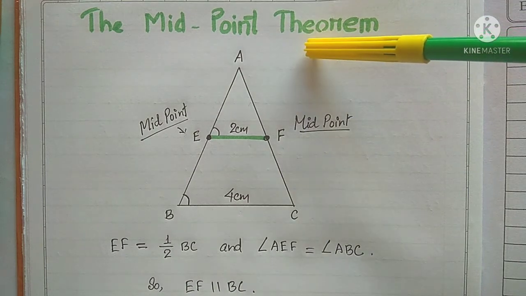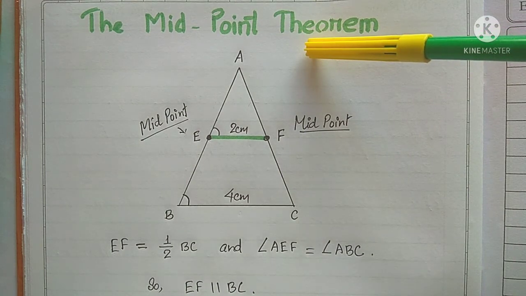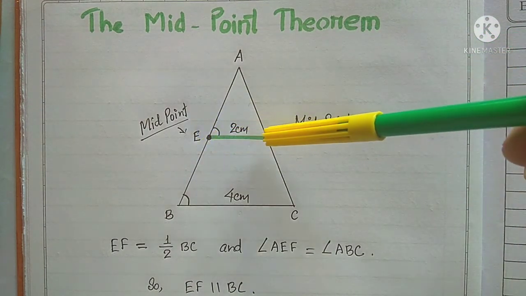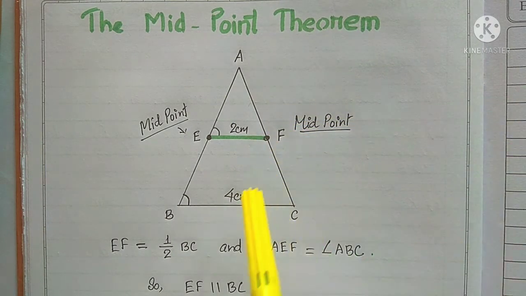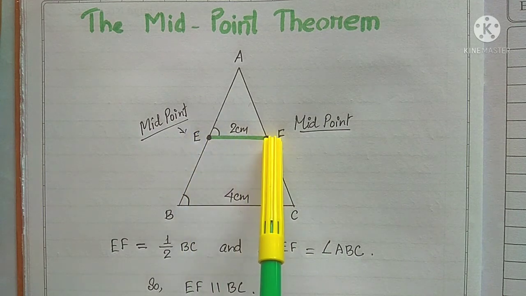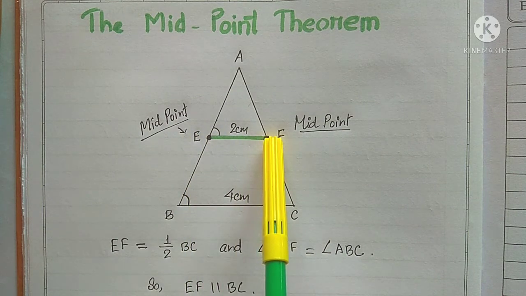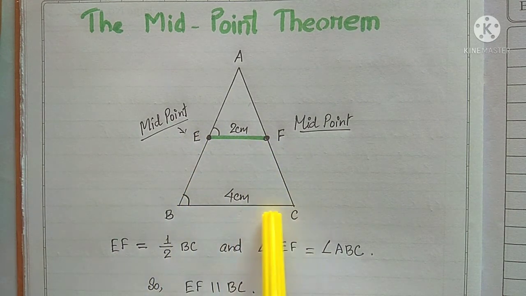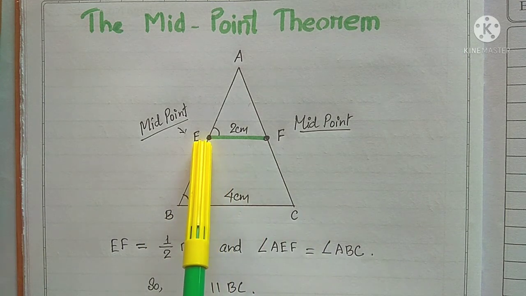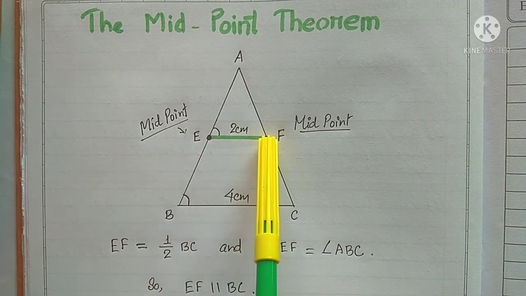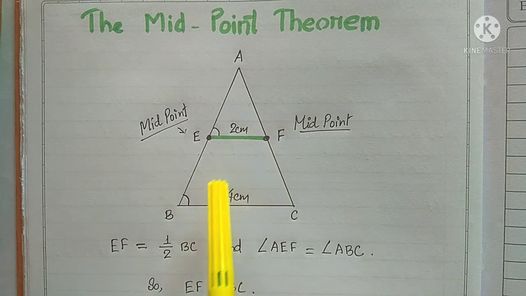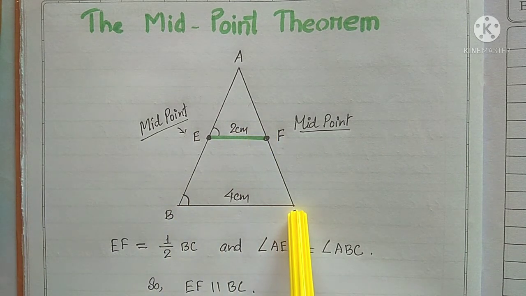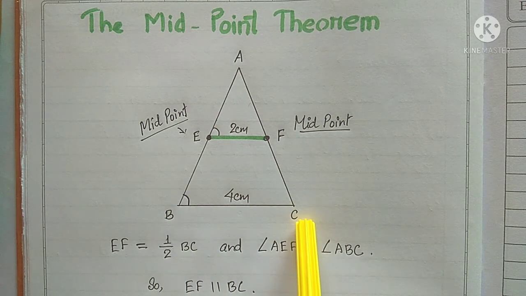So now in this case, you see what we get. What is actually the midpoint theorem? If we consider any two midpoints on any two sides, the length of the line joining the midpoints is half of the third side. That means whatever length we get for EF, this EF length is obviously half of the third side, that means BC.